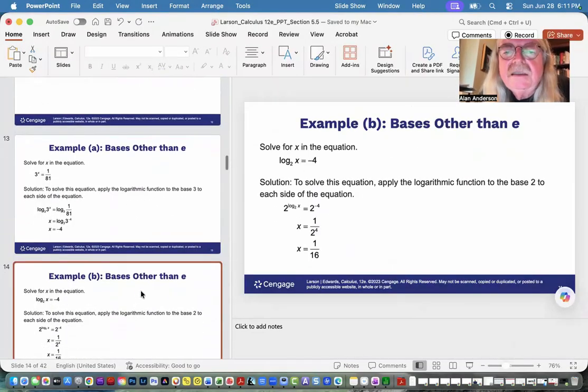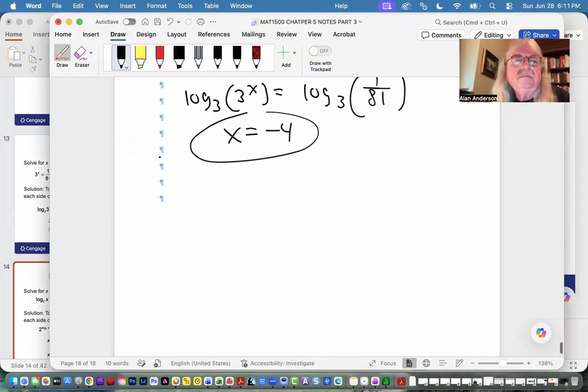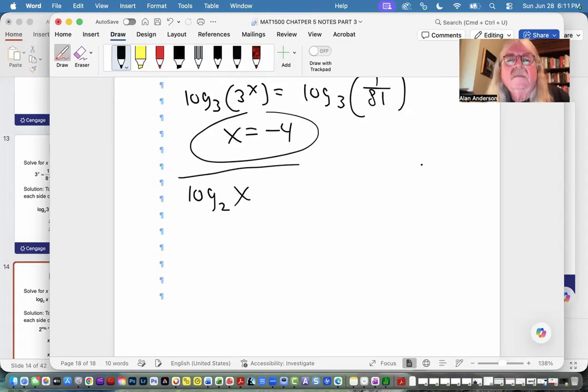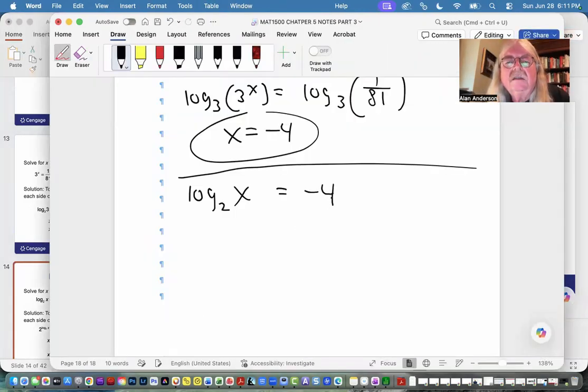How about this one? Log base 2 of x equals negative 4. Now, this is just a straight ahead definition. Because this is a log, this implies that 2 to the minus fourth equals x.